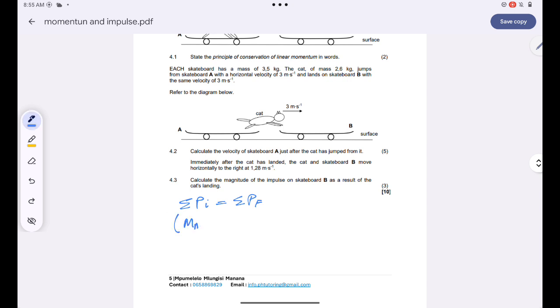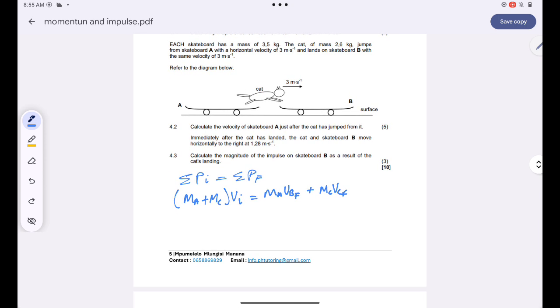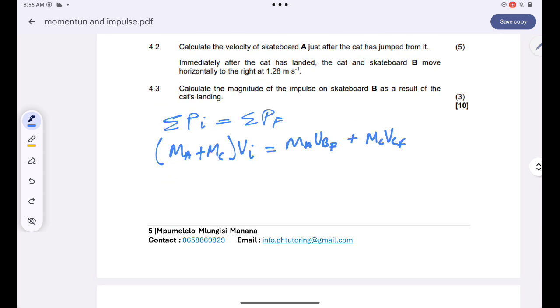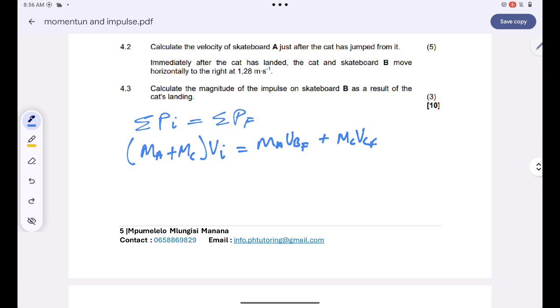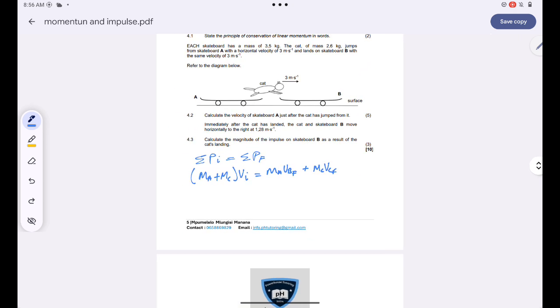It was the mass of skateboard A plus the mass of the cat multiplied by the initial velocity, and then finally the mass of skateboard A and the final velocity, plus the mass of the cat and the final velocity of the cat. Initially, these things were at rest together, so the velocity of both the cat and the skateboard initially was 0 meters per second.